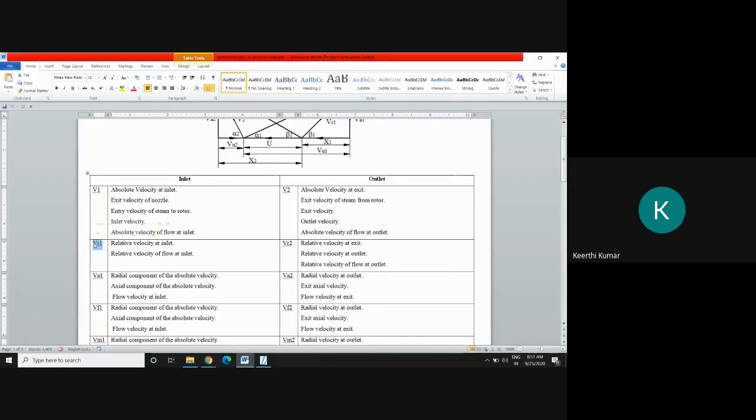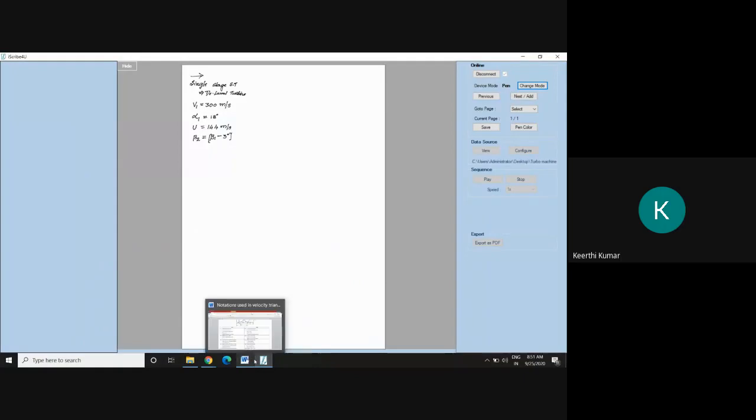The relative velocity of the steam at the outlet, VR2, is equal to 0.84 times VR1. I can also write CB is equal to VR2 by VR1, that is equal to 0.84.